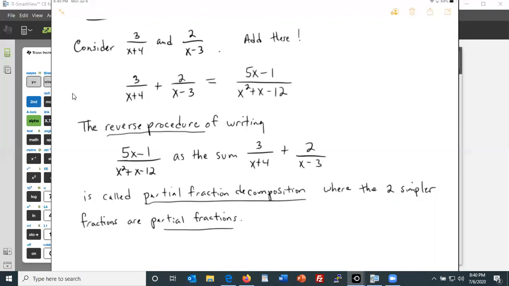And the word decomposition, to decompose something, means to break it down into something simpler, okay? So you're breaking down this 5x minus 1 over x squared plus x minus 12 into something a little simpler, like these two fractions here. So you're decomposing it to first break it down a little bit, okay?